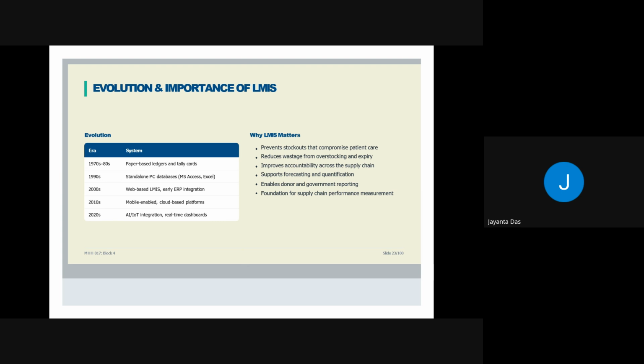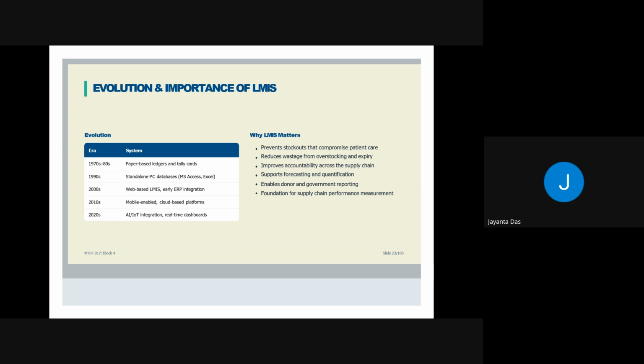Then came the 90s, when standalone PC databases started coming in. We started developing MS Access and Excel sheets. In the 2000s, further into web-based LMIS and early ERP integration.